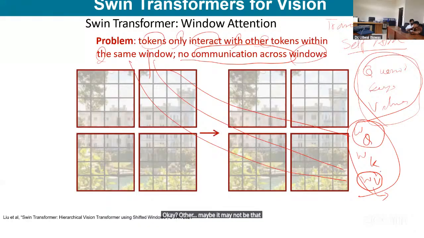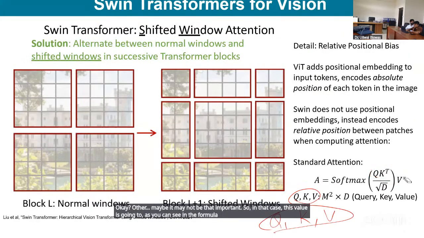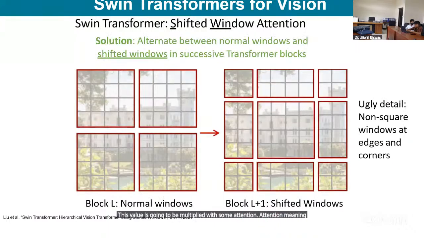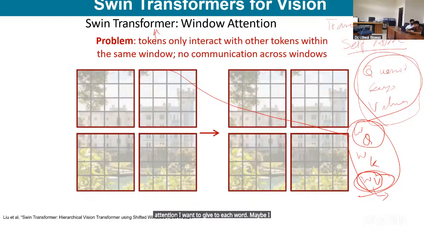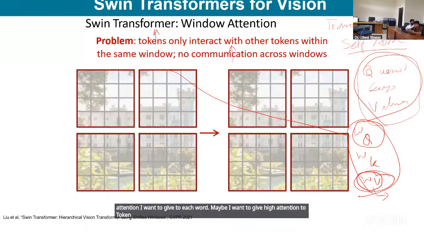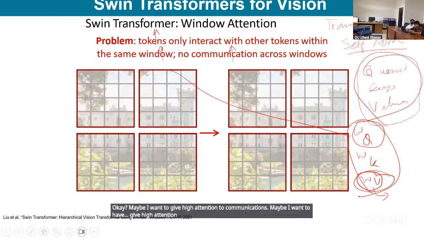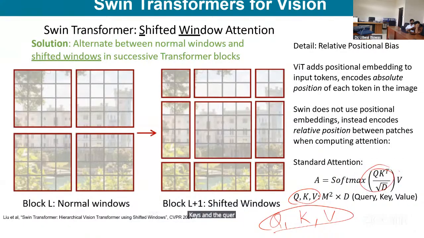As you can see in the formula, the value is going to be multiplied with some attention. Attention means how much attention I want to give to each word. Maybe I want to give high attention to token, communication, and windows, based on our understanding. That is computed by the keys and the queries, which are all matrices.